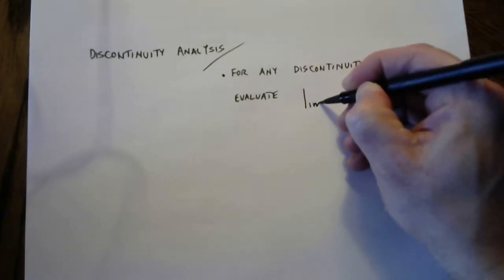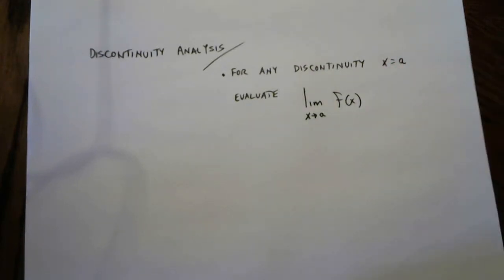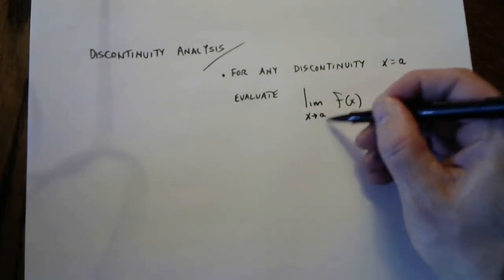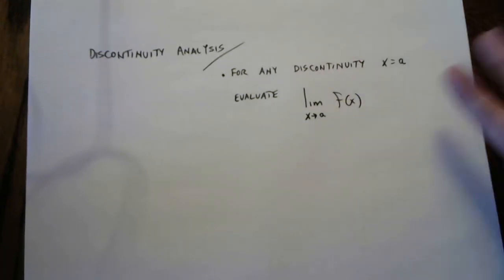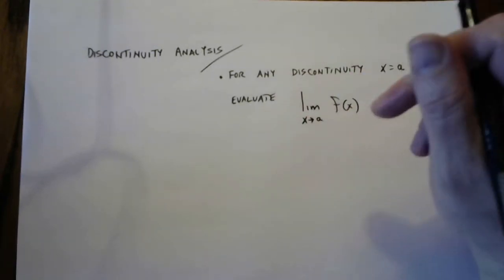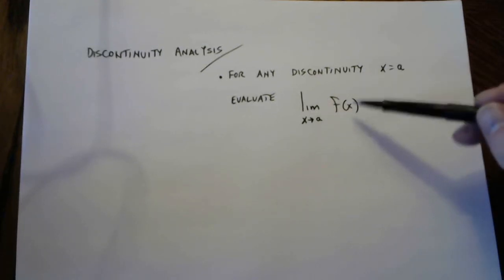We evaluate the limit as x approaches A, and this tells us the behavior near the discontinuity. So we go back to month number 1, and you direct substitute A, and the easy ones, obviously, you get a real number and you're done. In this case, that'll never happen because A is a discontinuity, so A won't work in the function.